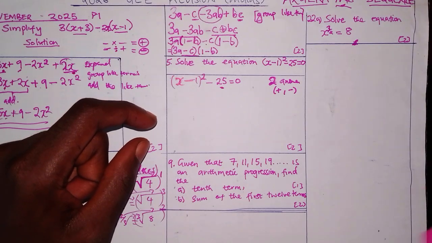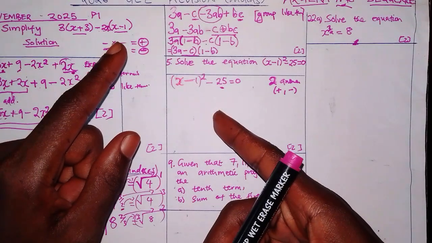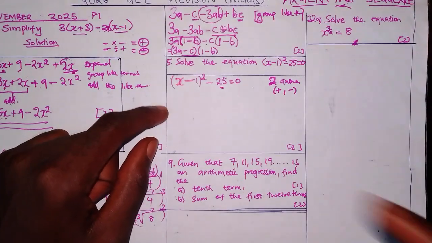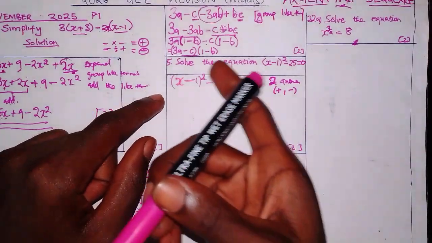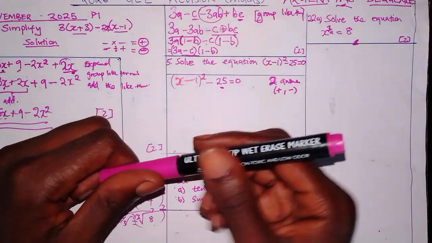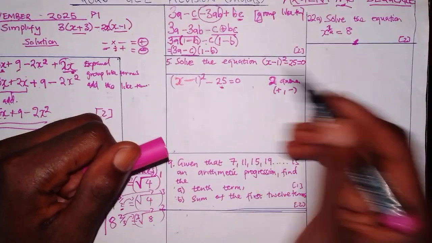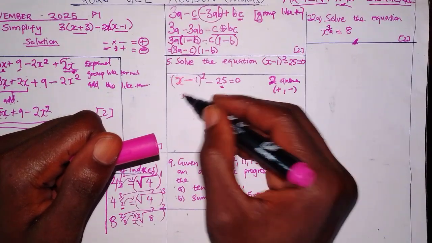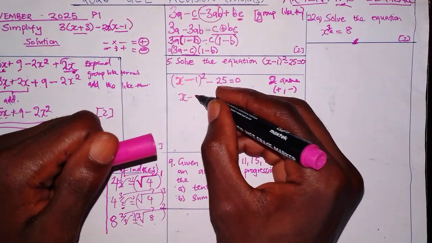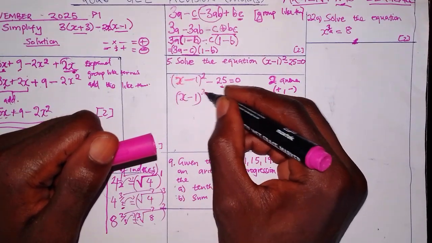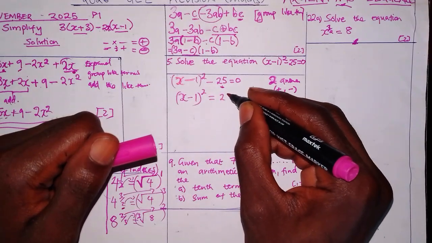So if you multiply 5 2 times, you get what? 25. So you say this is a perfect square. So now you can move this to the other side. So you say x minus 1 squared is equals to 25.